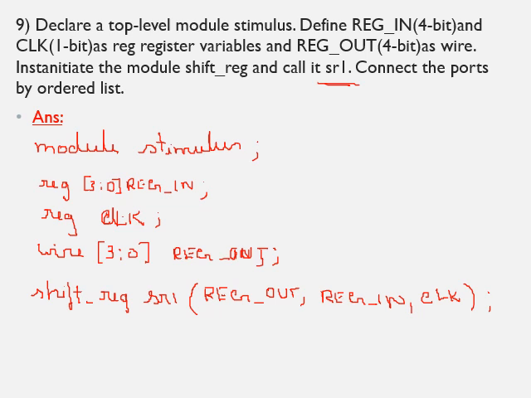Okay, so they will be connected by ordered list. As I've told you in the module definition, first is the 4-bit output port, next is the 4-bit input port, next is the 1-bit input port. Okay, then end module.